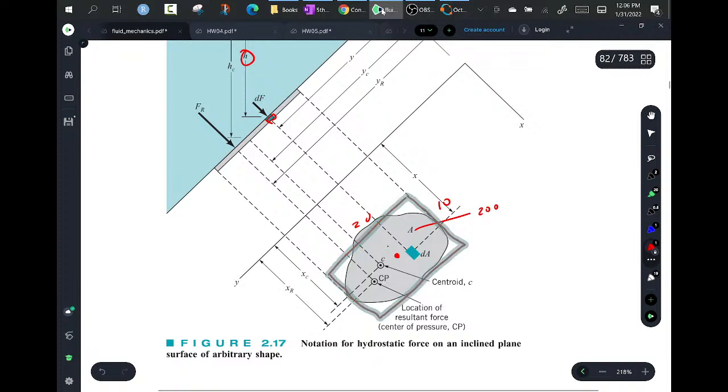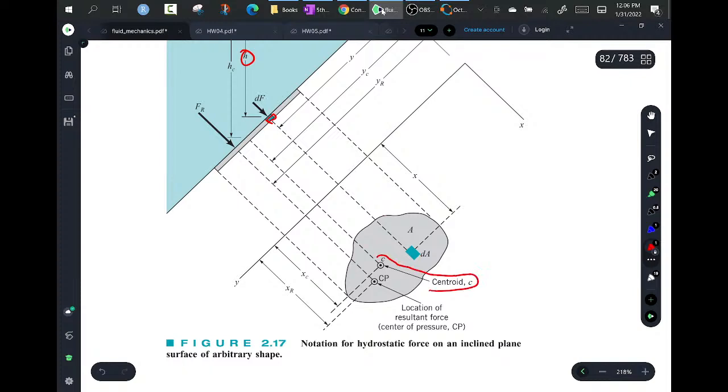But let's go back to his shape and say, okay, he has defined this oddball shape. He has identified the centroid of that shape, and there's a specific point there. So he finds the resultant force is equal to gamma. Okay, some will call it that, where that's the centroid.